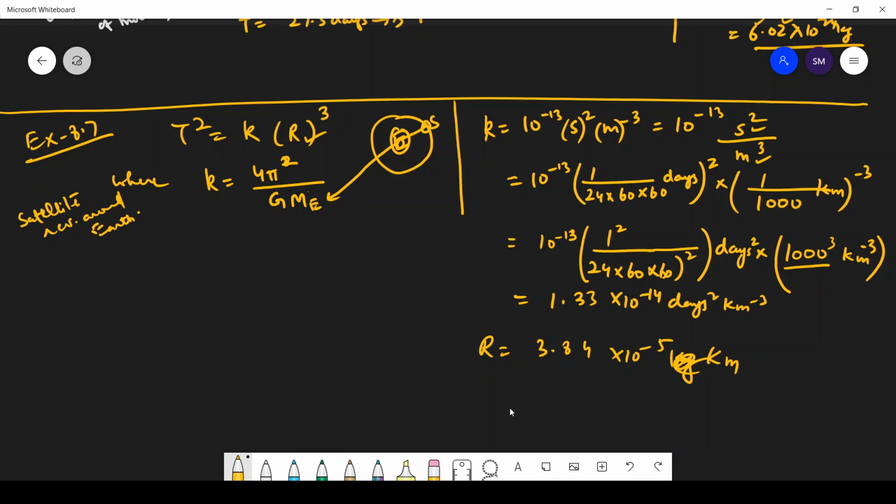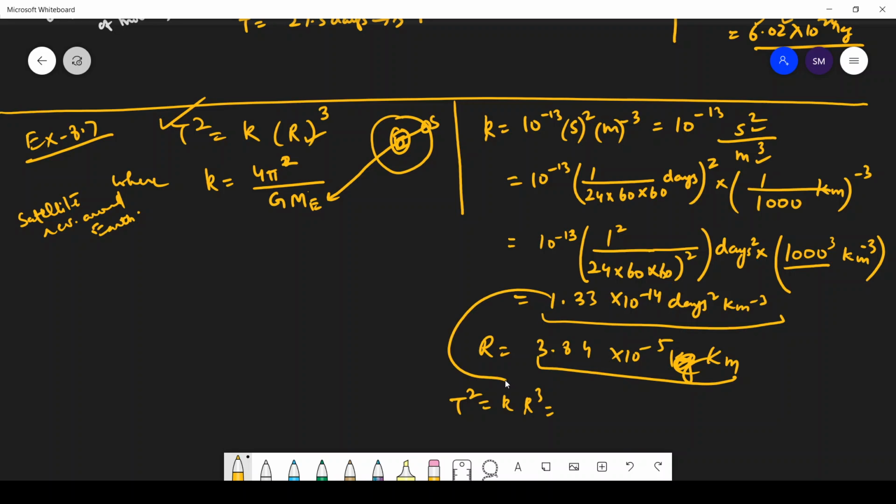Now what will be the value of T square? So T square is equal to K into r cube. So this is the value of K, right, and this is the value of r. So simply put this value of K and this value of r, and we will get the time period. So 1.33 into 10 to the power minus 14.